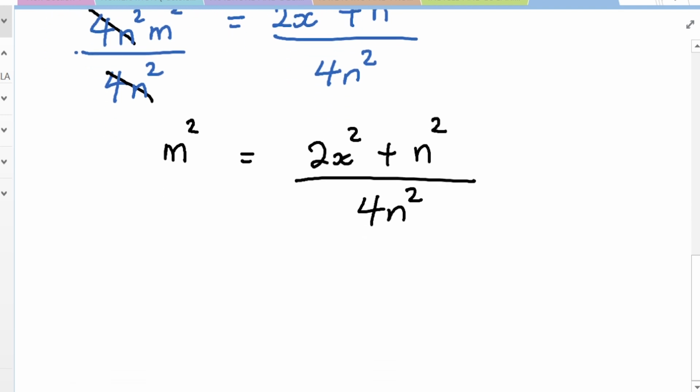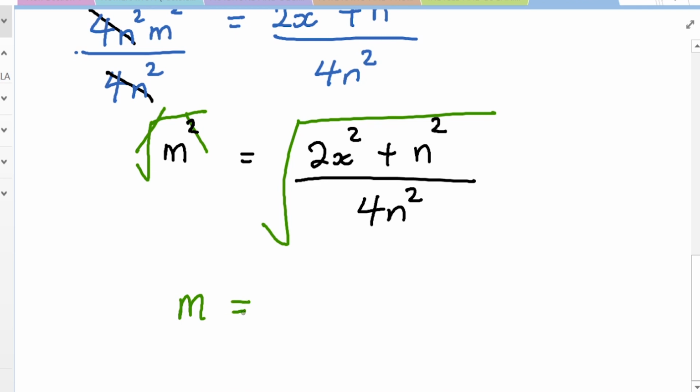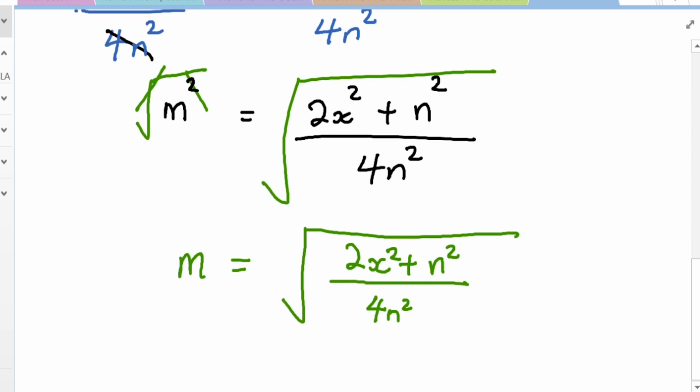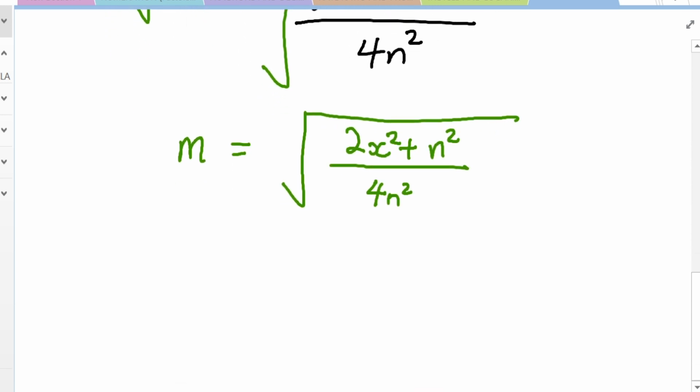From there, we can find the square root on both sides so that we remain with m. You remain with your value of m as the square root of 2x squared plus n squared, divided by 4n squared. Let's first leave it as 4n squared. To simplify further, take note that this 4n squared is the same as 2n, the whole thing squared.